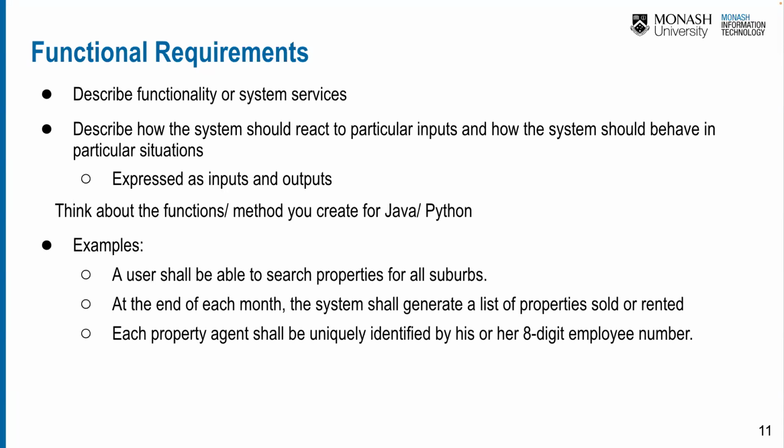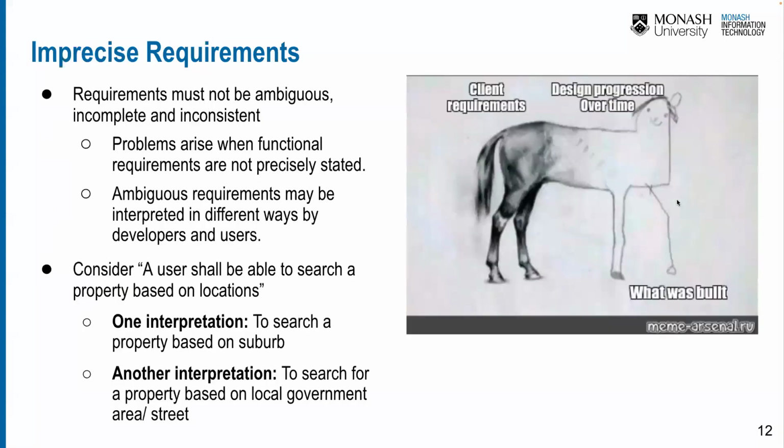That's the functional requirement for like property manager, that kind of thing. Okay. Each property agent shall be uniquely identified by his or her 8-digit employee number, right? So that's the functional requirement for the property manager as well.